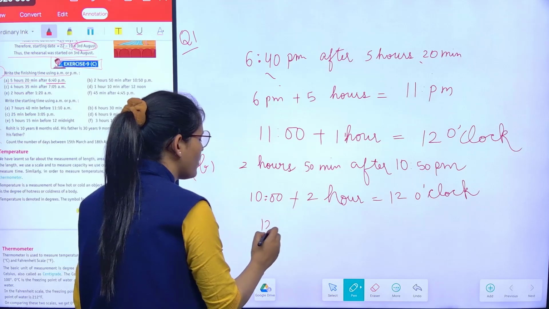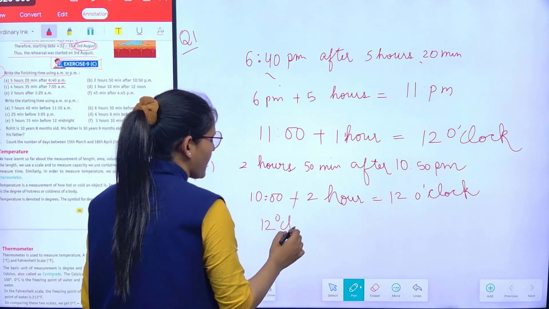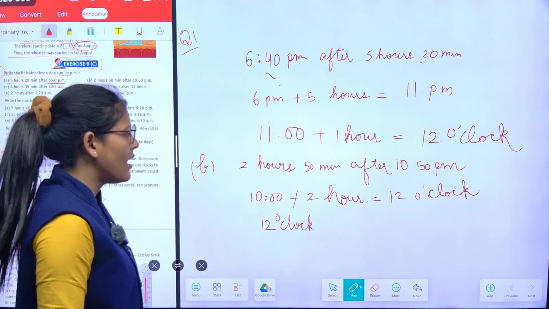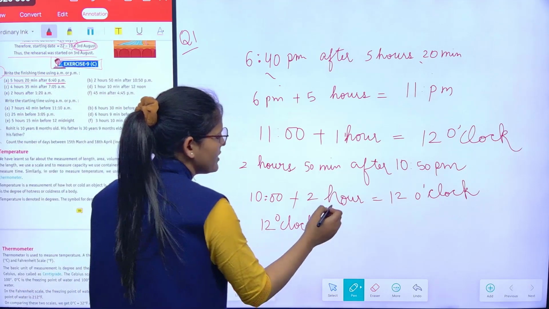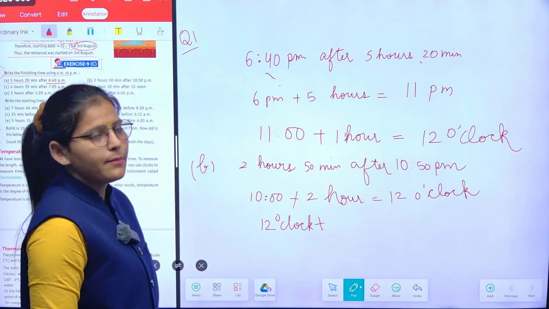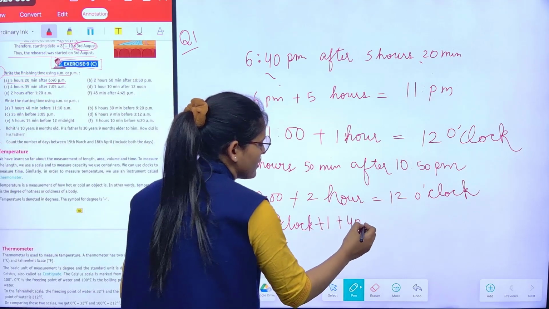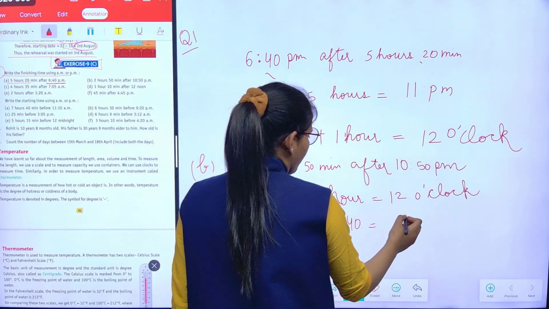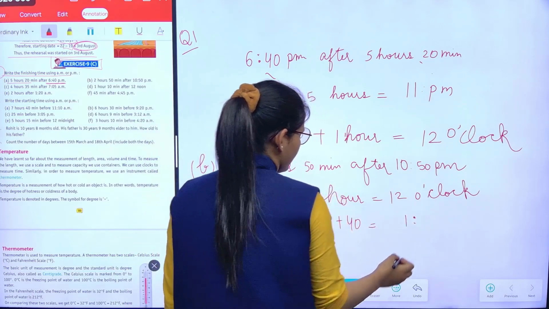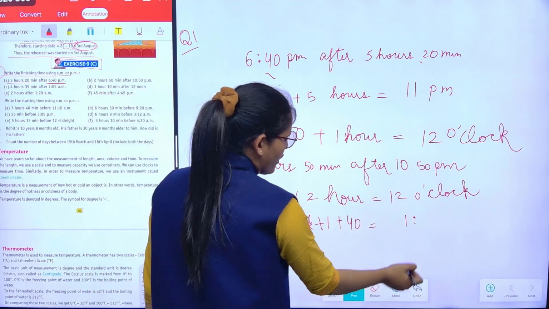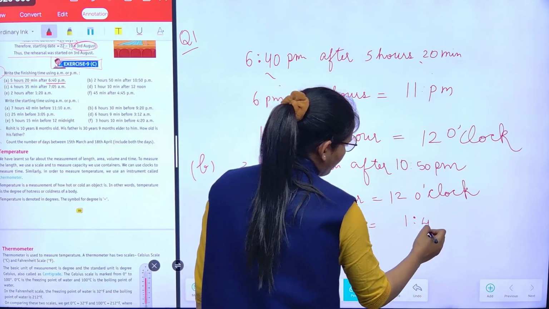Now class 12 o'clock, 50 plus 50, that is 100. Now 100 means 1 hour plus 40 minutes. So class 1 means 1 a.m. or now class 1:40 a.m.